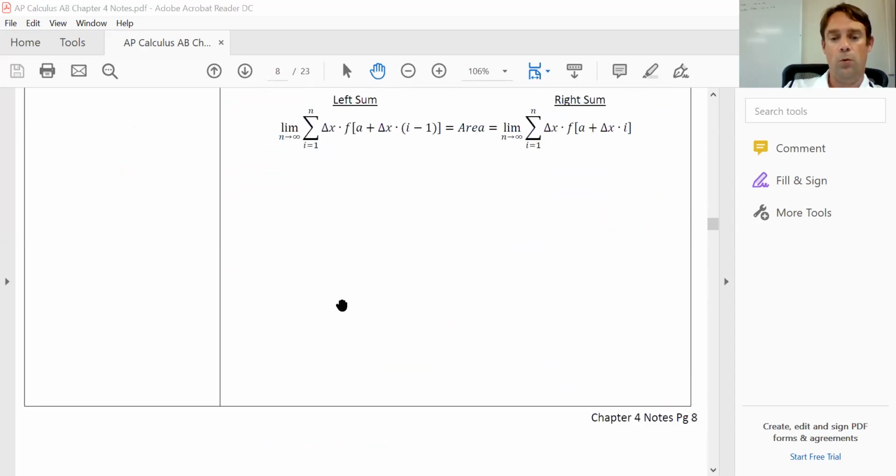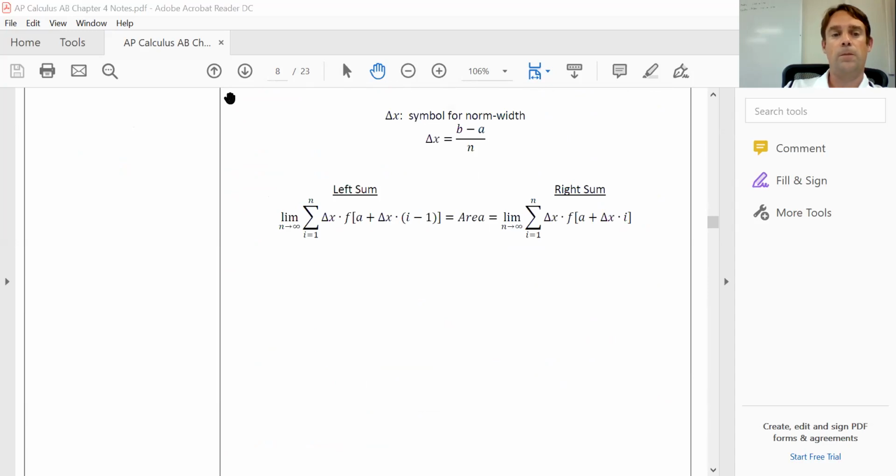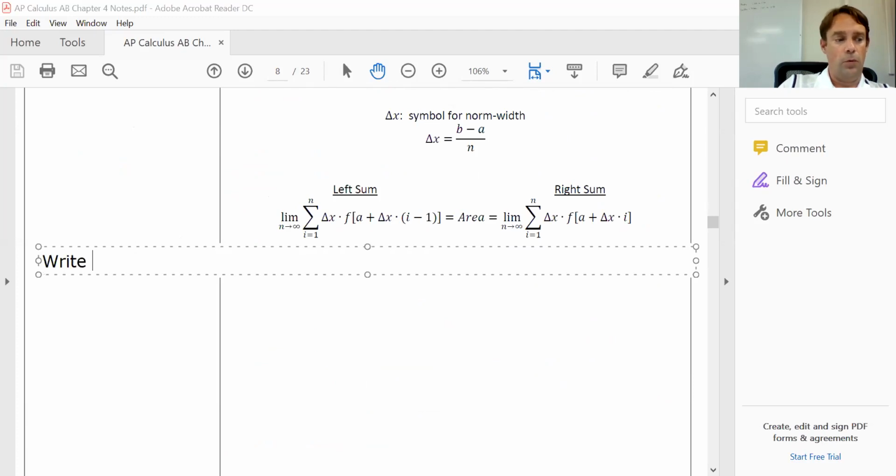So what are we going to do with this stuff? Let's say I give you a function like, oh, write the left sum for f of x equals the square root of x from 1 to 4.